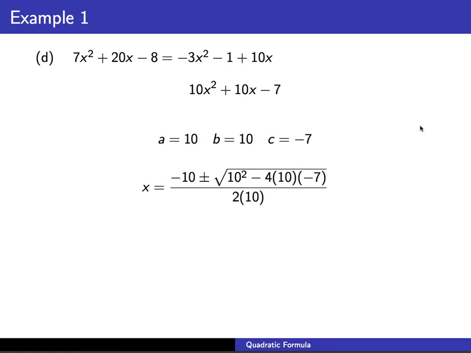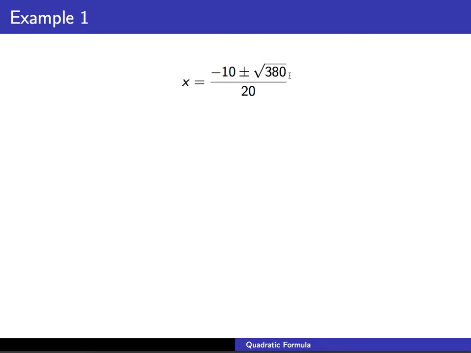So plugging it into our quadratic formula, we get negative 10 plus or minus the square root of 10 squared minus 4 times 10 times negative 7 all over 2 times 10. And when we calculate inside the square root, we get 380, and the denominator is 20. So we have negative 10 plus or minus the square root of 380 all over 20.